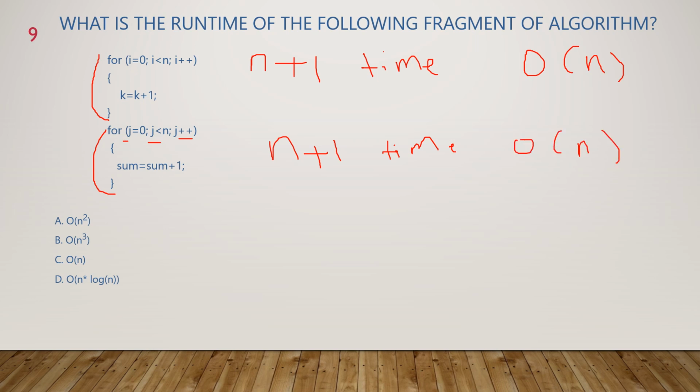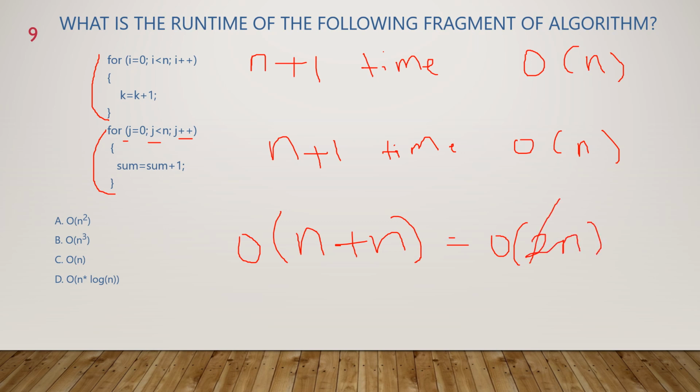If these two for loops are independent, if it is not nested, then this will be the summation of both. That means n plus n, that means big O of n plus n, that means big O of 2n.